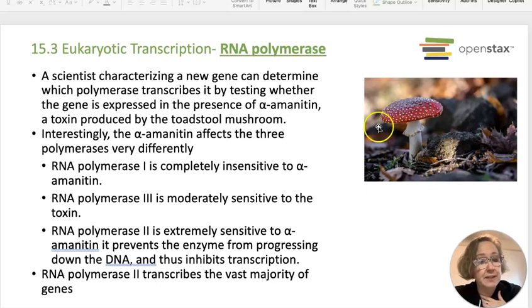Okay. This toxin is insensitive to 1, moderately sensitive to 2, and extremely sensitive to 3. So when you expose it to this toxin, it'll stop whichever one of these things it is the most sensitive to. And this is how we can tell which polymerase it is. Okay, I just think that's a fun fact, and this looks like toadstool. And this is what we're talking about when we're talking about polymerase sensitivity, exposing it to the mushroom.